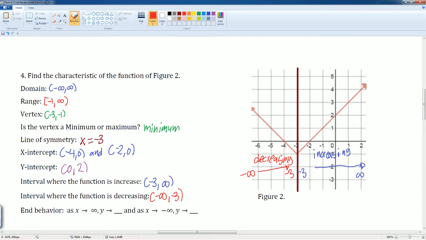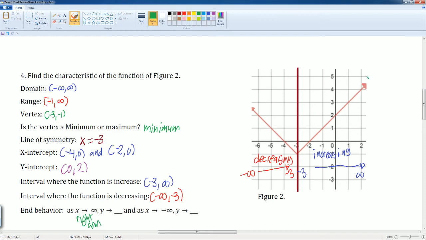Notice that the thing that separates the interval of increasing from the interval of decreasing is the line of symmetry. So let's take a look here. X goes to positive infinity, so this is the right arm.